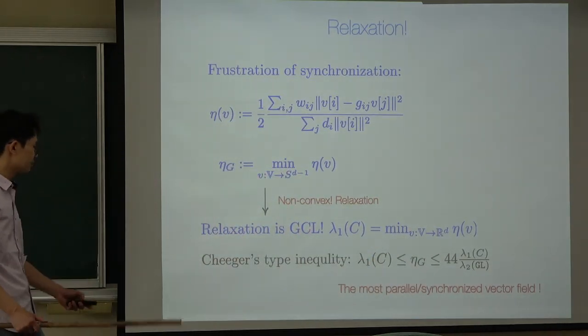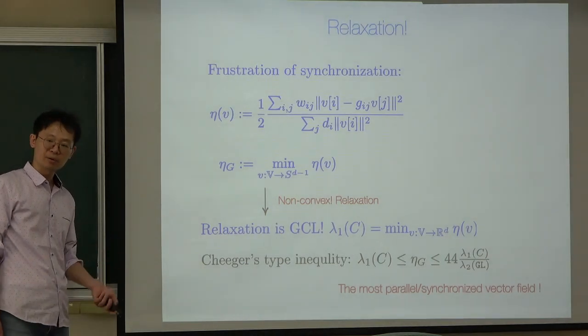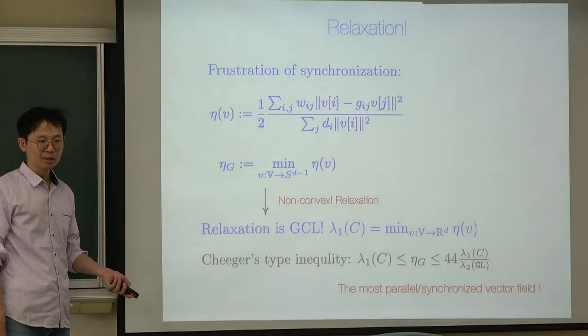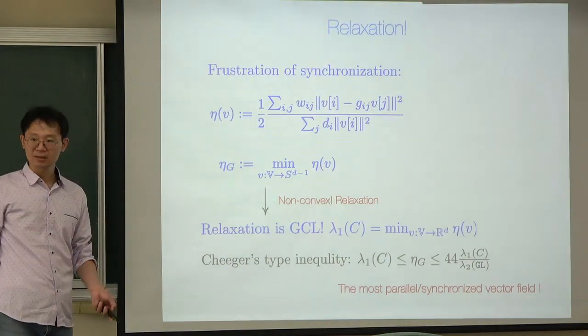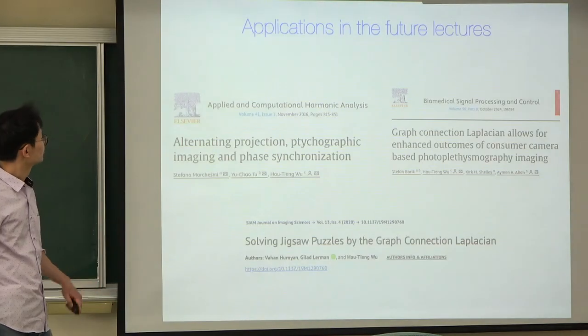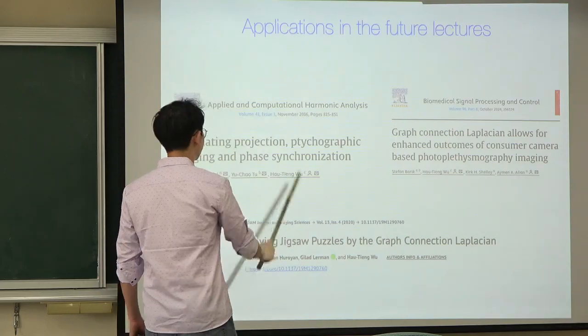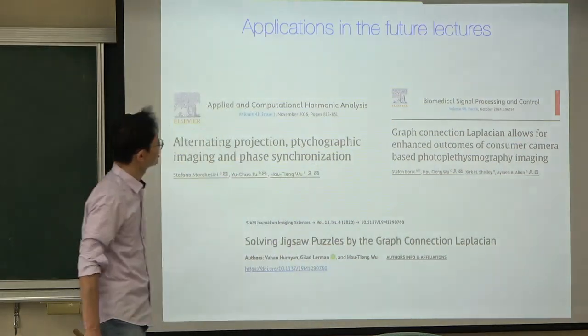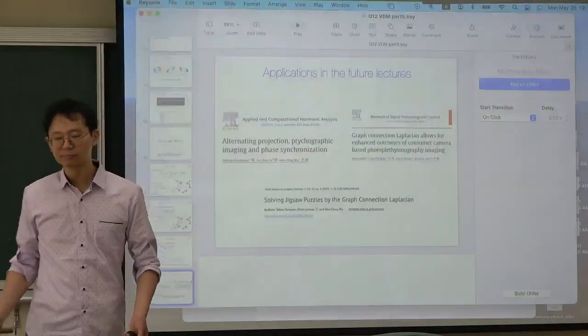And so it gives you a theoretical guarantee when we apply the graph connection Laplacian to find the most parallel vector field in the general setting. And there will be some more applications, as I mentioned, and we will discuss them in future lectures.